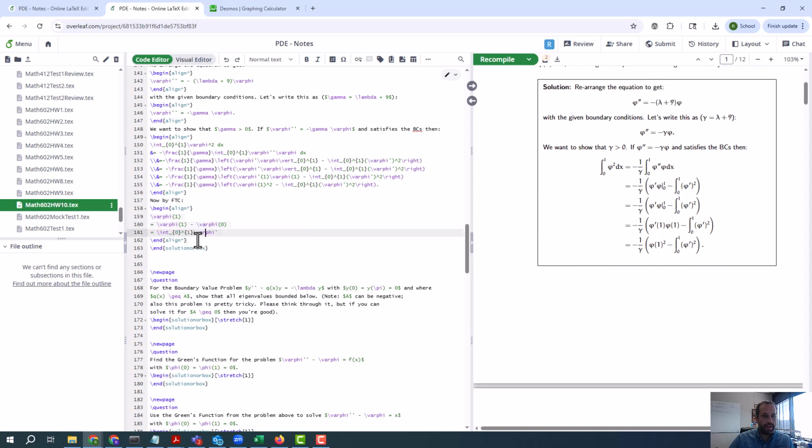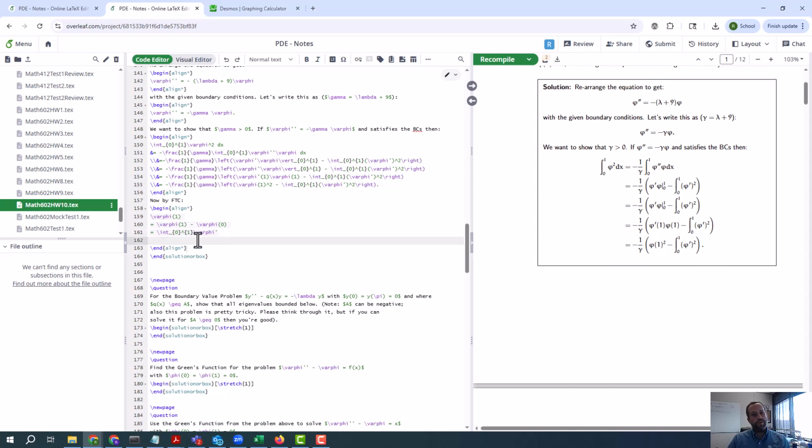Okay, now we're going to use something called the Cauchy-Schwarz inequality. And basically, you could either think about this as an application of Cauchy-Schwarz inequality or Jensen's inequality.